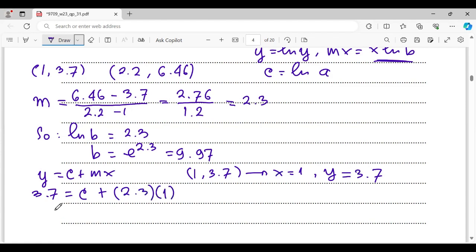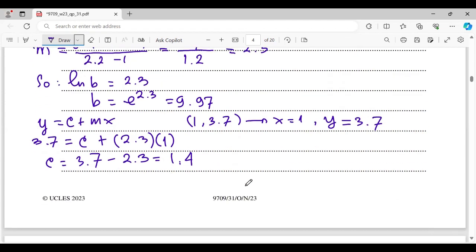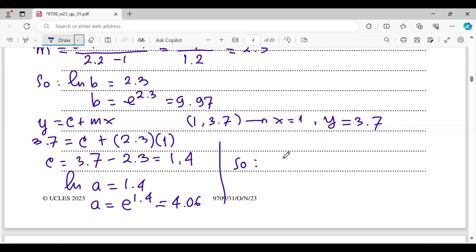So c equals 3.7 minus 2.3 equals 1.4. ln a equals 1.4, so a equals e power 1.4, which is 4.06. So a equals 4.06 and b equals 9.97.